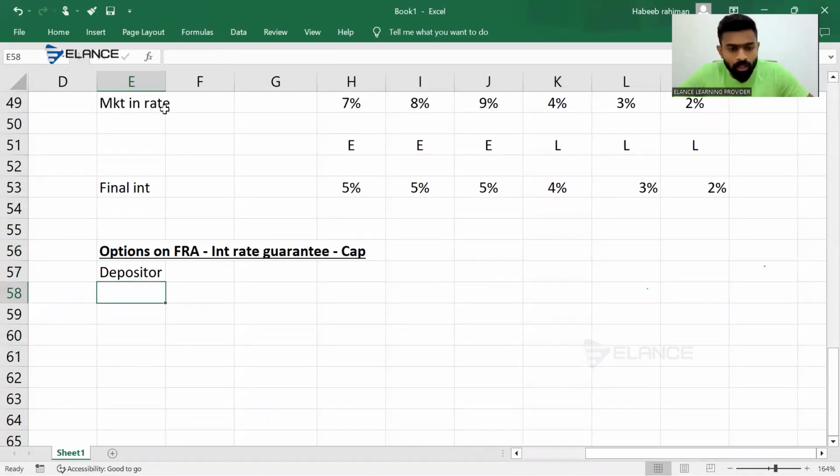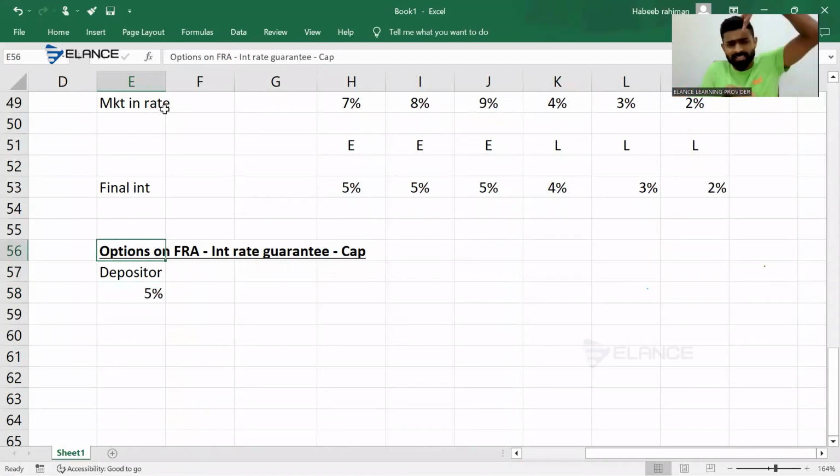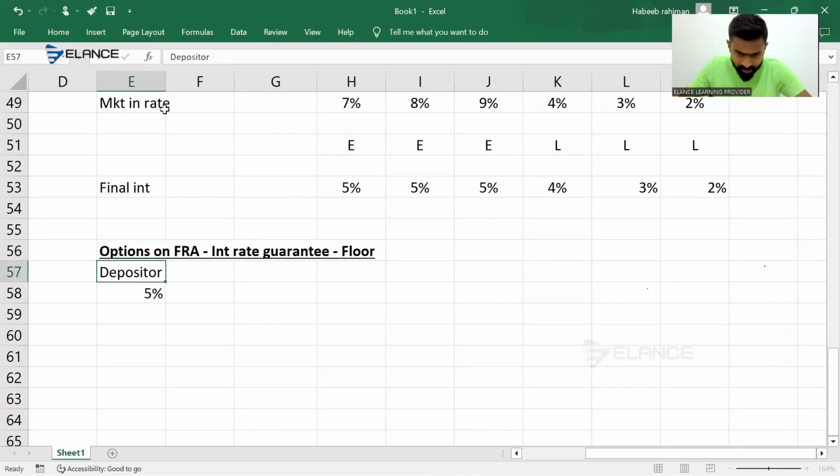So if the option on FRA is 5%, that means the depositor is guaranteed that the interest rate won't go below 5%. It is said to be floor. So there are two options: cap and floor.